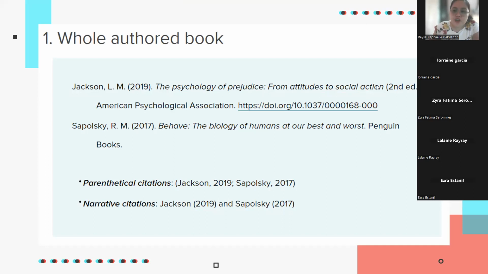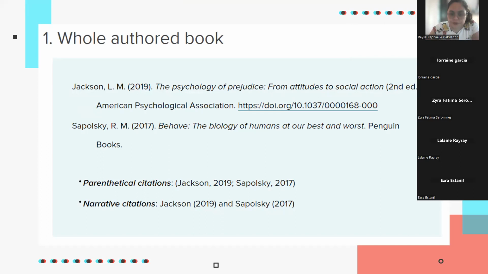If merong edition ang book, you write after the title in open and close parentheses the edition number. Okay? And then period, followed by the name of the publisher. Okay? This is the name of the publisher here. Yung old format ng ating APA, no?